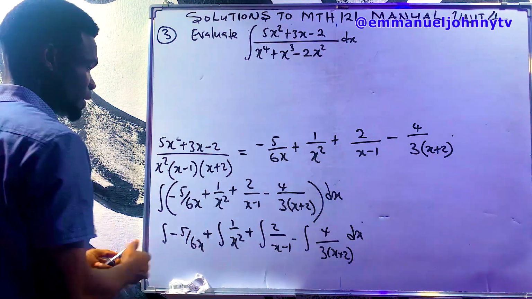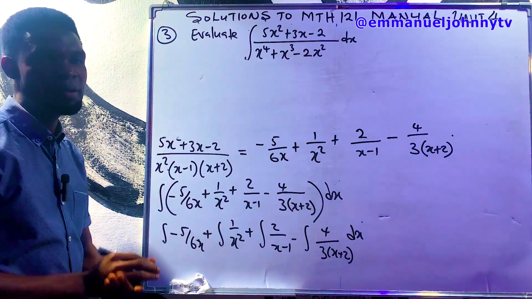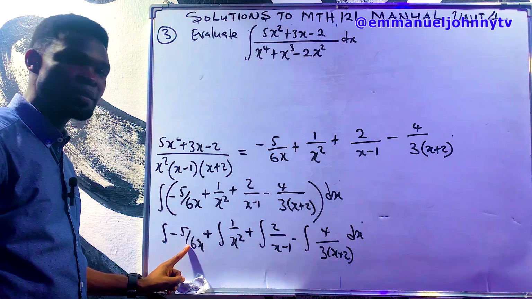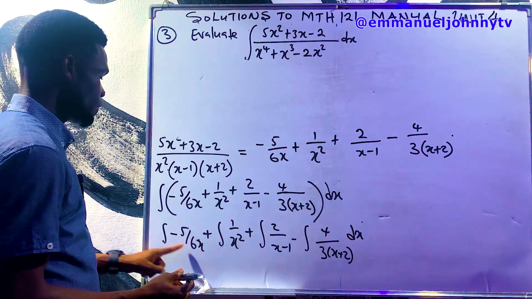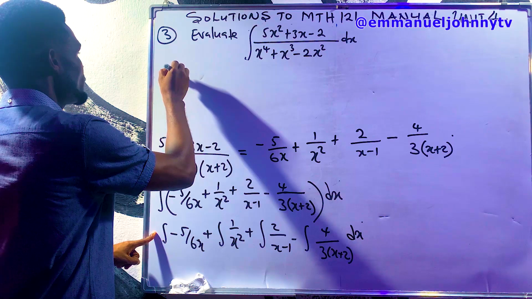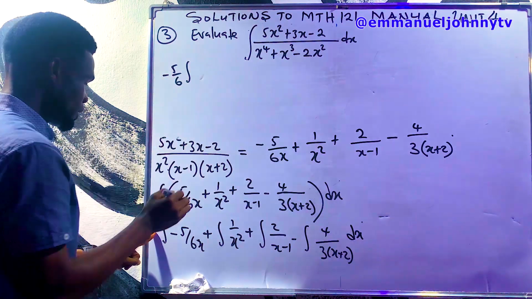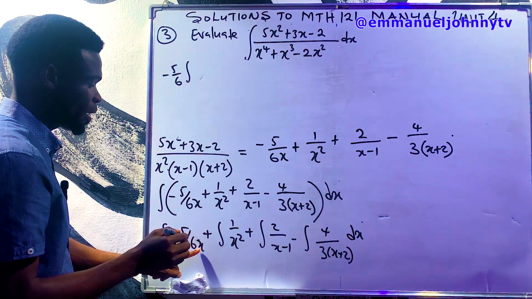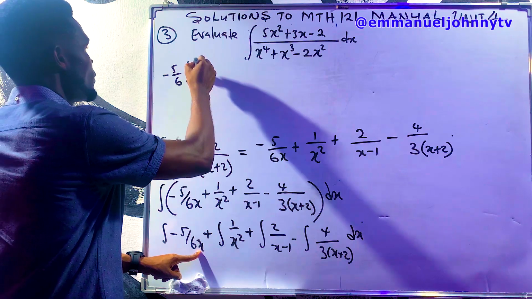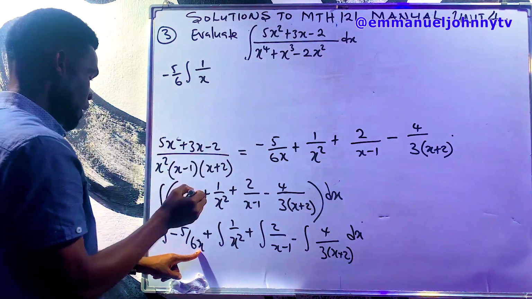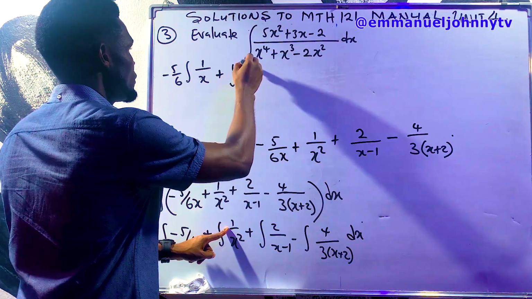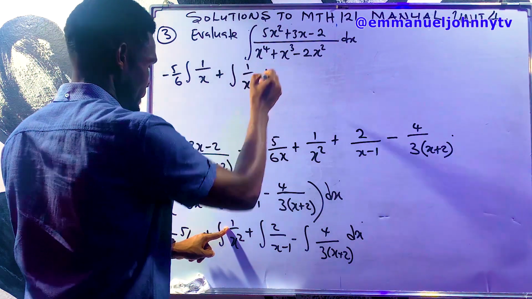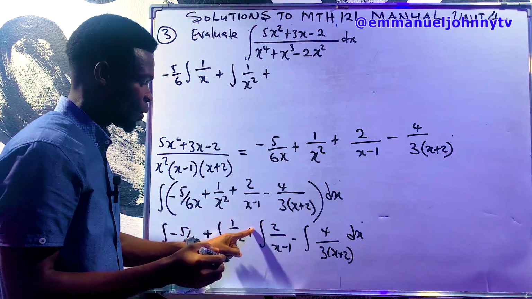Let's integrate. Now you know that to integrate, you need to take the constant terms outside the integral sign. So I'll take minus 5 over 6 out. So I have minus 5 over 6. Then I'll be left with the integral of, the x is down, so 1 is on top holding it. So we have 1 over x plus, this one is okay, the integral of 1 over x squared plus, this 2 will come out.